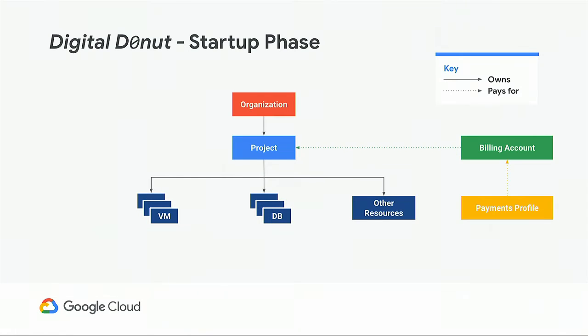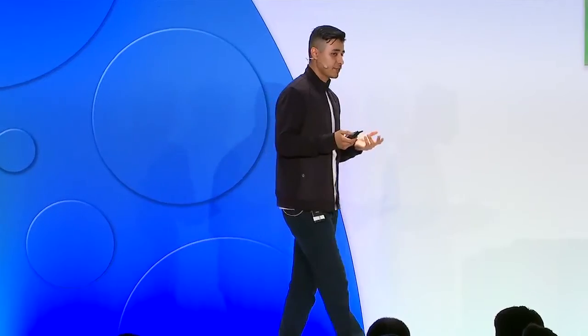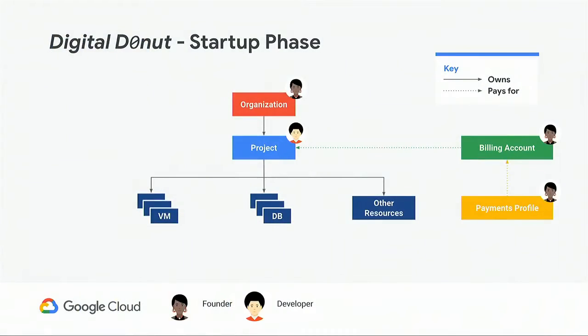And they're making waves. So what you see in this organizational structure is that it's very basic to follow a startup. You've got one organization, one project, some service resources underneath it, and a billing account and a payments profile. And with every startup, you've got a couple of individuals just working really hard to gain that next customer and grow the actual business. So you have a founder and a developer.